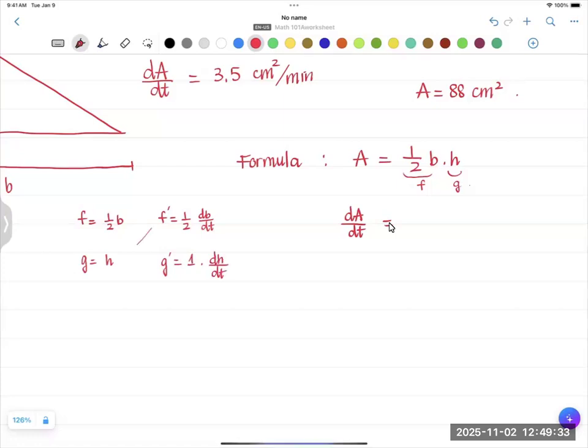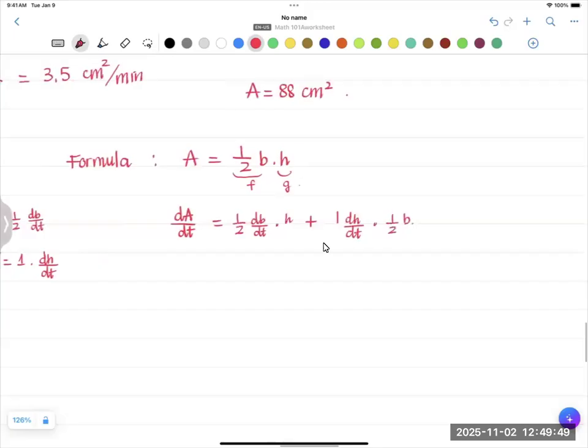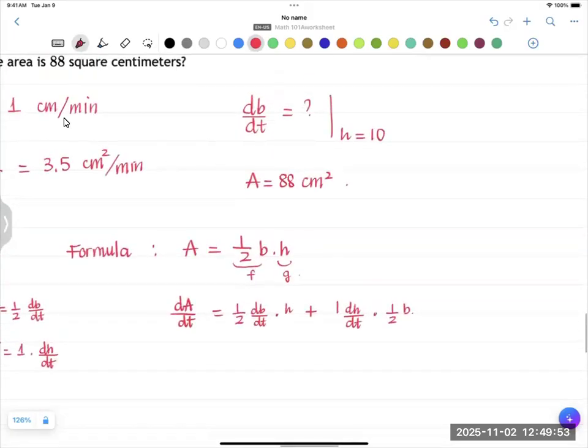So f prime g, which is 1/2 dB over dt times g, plus g prime f, so it's going to be 1 dh over dt times f, which is 1/2 b. When we're done taking the derivative, we will start plugging in all the information that we have above.